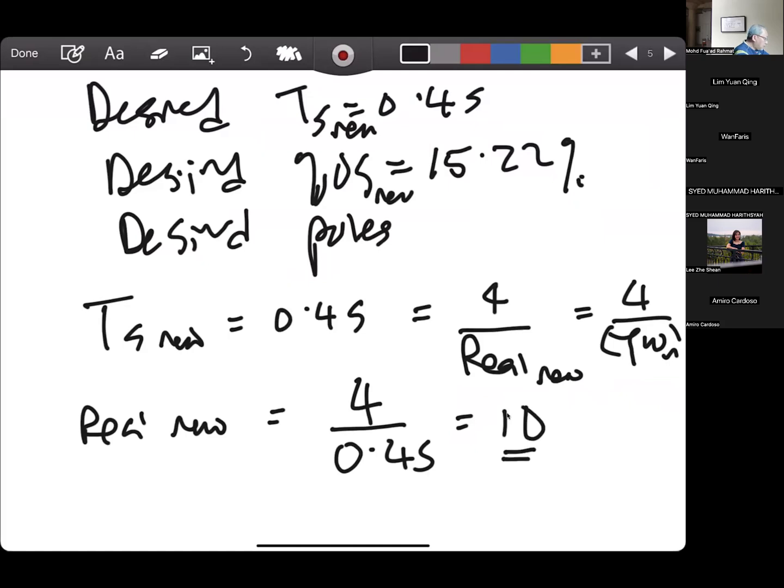Then the imaginary part. How to find the imaginary part? Because for this one, you have to look at the graph.